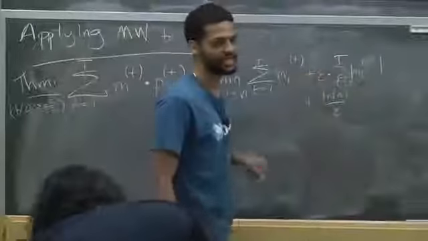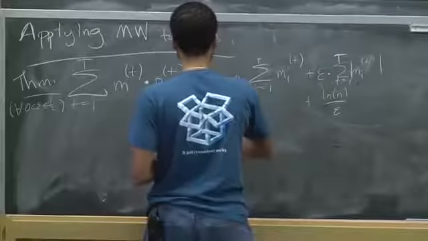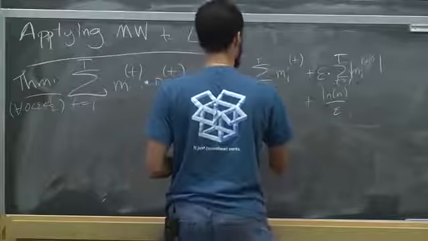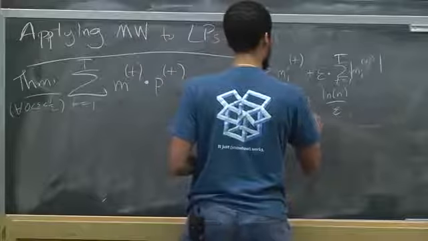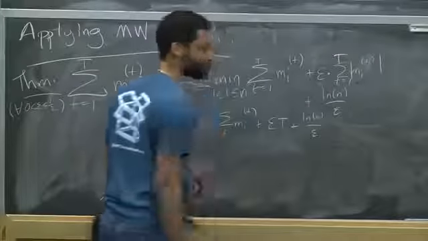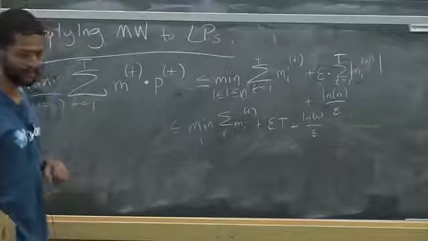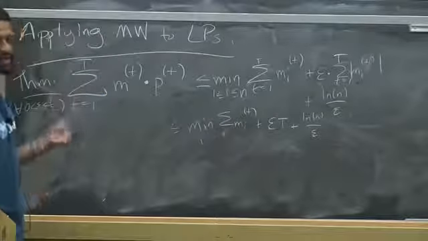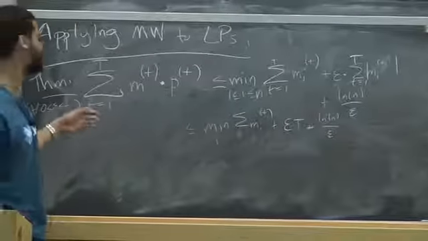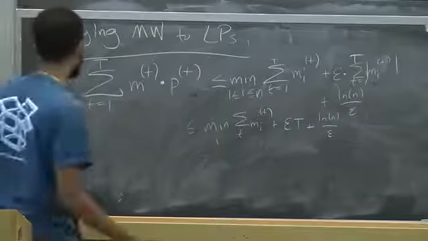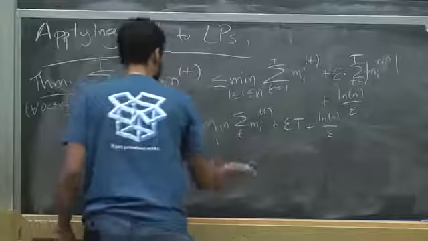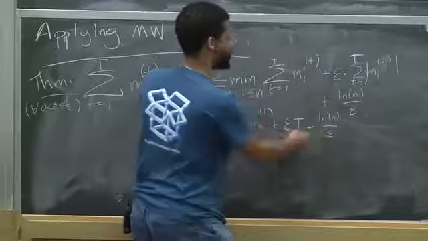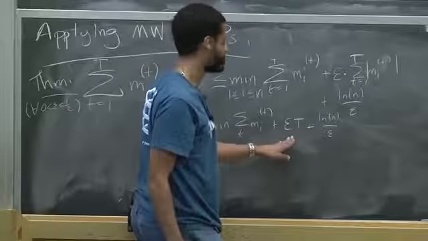So in particular, this sum is over all the days, so it is at most T. So you could also say this is at most the min over i of the sum over t of mt_i, plus epsilon T plus ln n over epsilon. This is true for all epsilon, so you can choose epsilon however you want. As long as T is, say, bigger than 2 ln n, you can set these two terms equal by choosing epsilon appropriately.